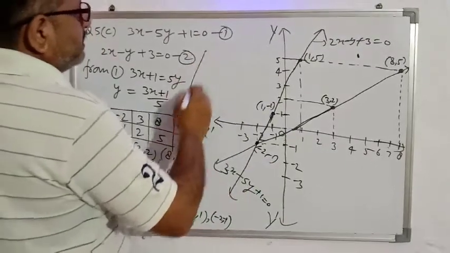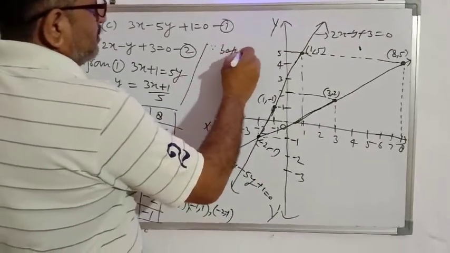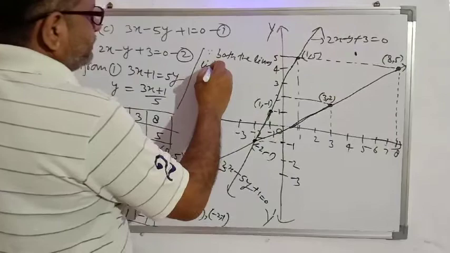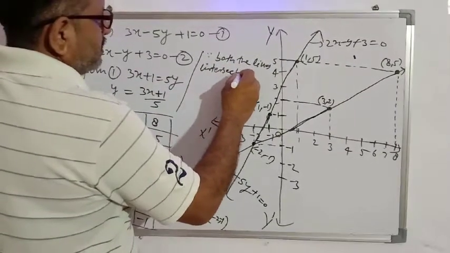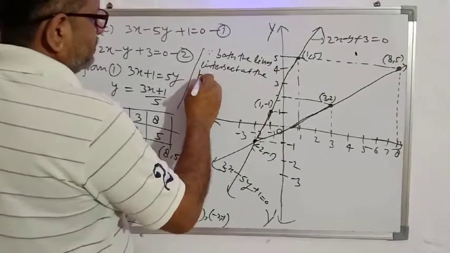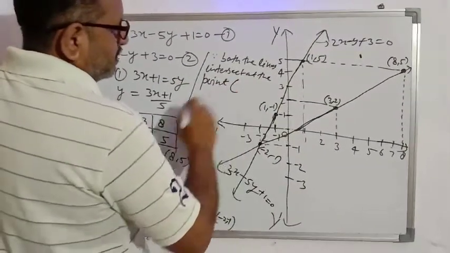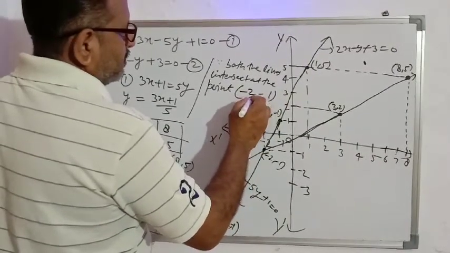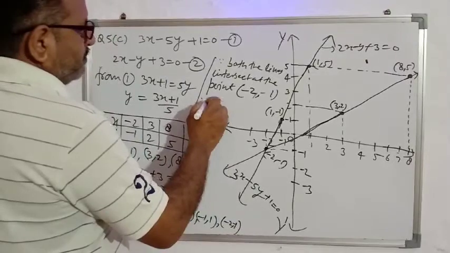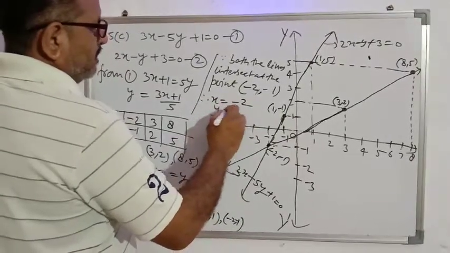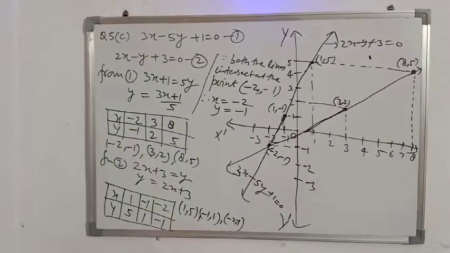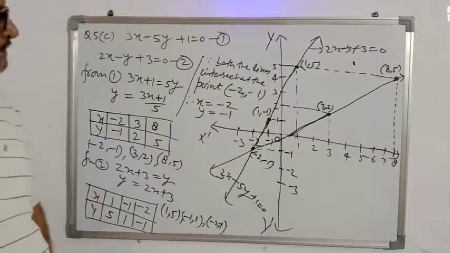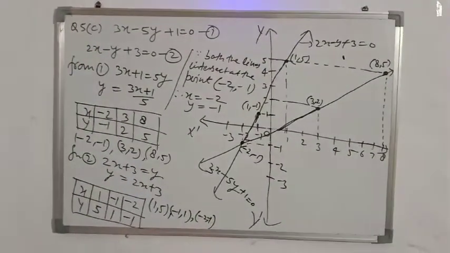So we will write here, since both the lines intersect at the point minus 2, minus 1, therefore x is minus 2 and y is minus 1. So this is the solution. In this way we can solve simultaneous linear equations graphically.